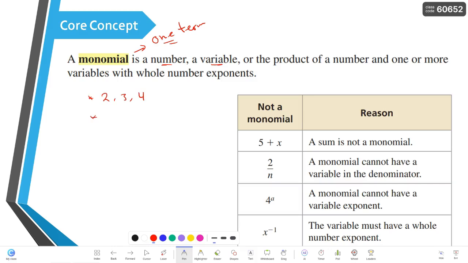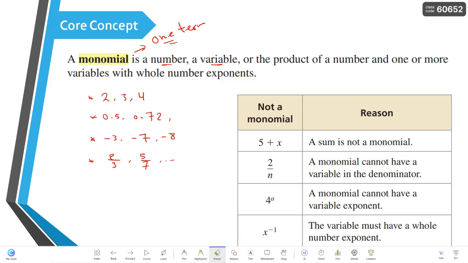Your number could be a decimal number, like 0.5, 0.72, any decimal number. Your number could be a negative number like -3, -7 and -8. Your number could be any fraction like 2 over 3 and 5 over 7 and so on. So all of these are different types of numbers. Any number could be written as one term, or expressed as one thing, and that's why we call it a monomial.